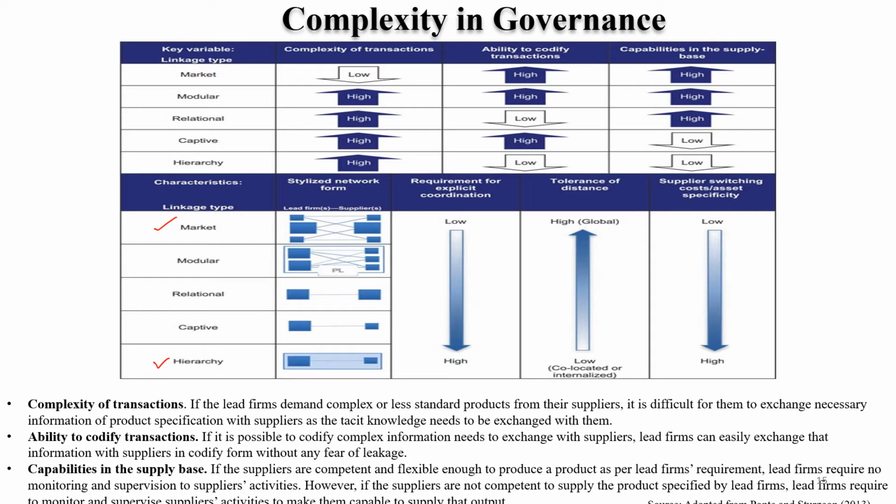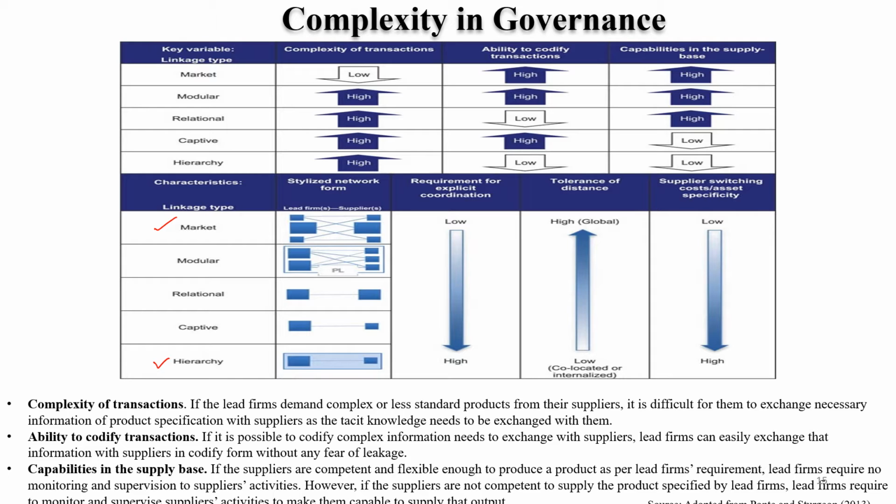If the lead firm demands complex or less standardized products from their supplier, it is difficult for them to exchange the necessary information of product specifications with the suppliers. Then actually one structure becomes very important.